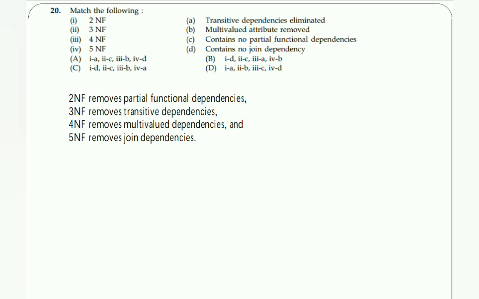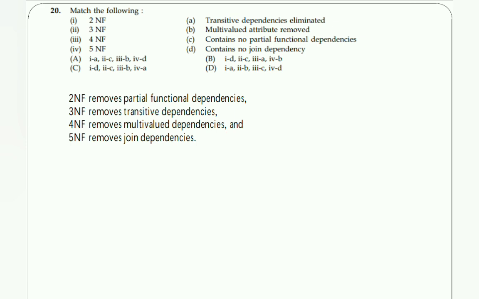Here the options are not properly matched. The first option has C, and the second one, 3NF, has transitive functional dependency A, and multi-value dependency B and D. So C, A, B, D. Here it is not matching with any. The options are not properly given here.